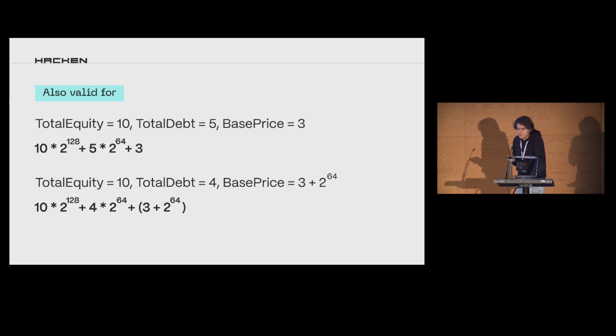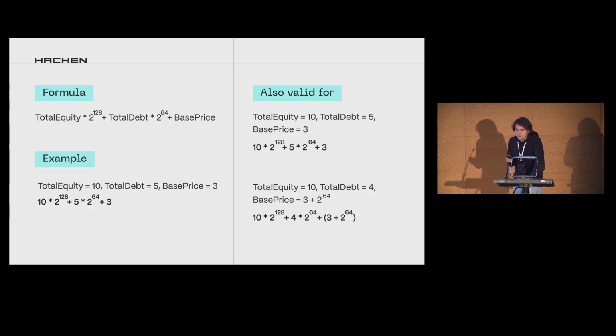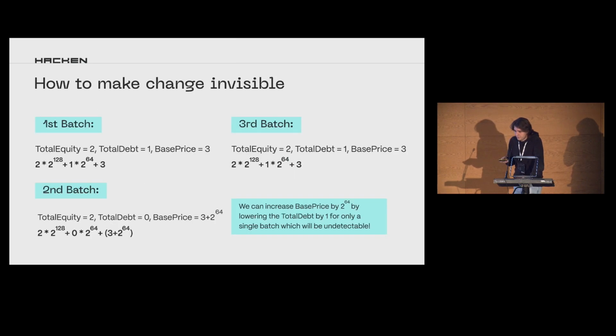But they didn't see this as a problem, because the base price, the price of the token, is public. It's visible to everyone. Even if someone sets it higher than 2 to the power 64, everyone would see this. But actually, it was possible to make this change invisible.